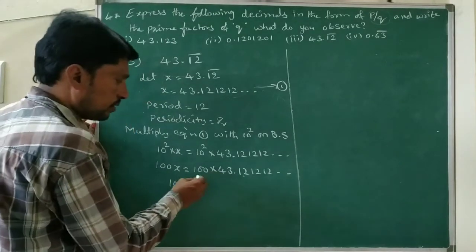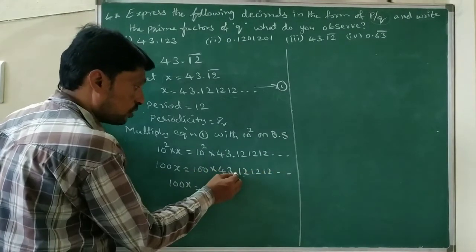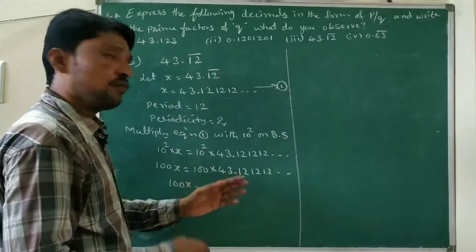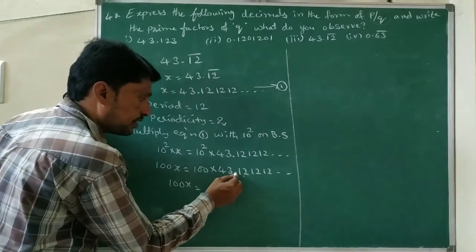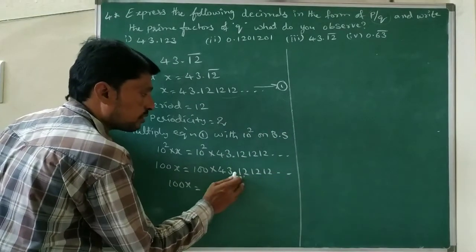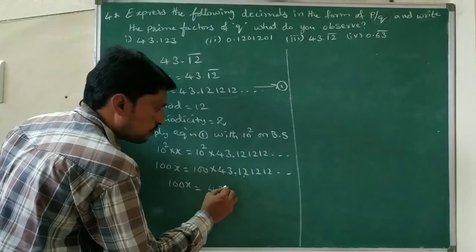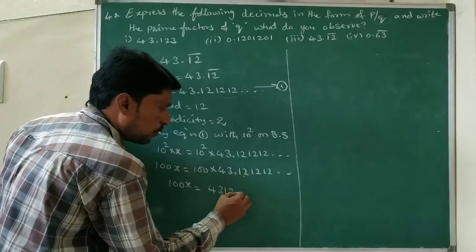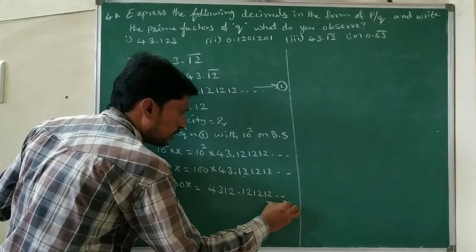Now here you can multiply 100 into 43.12. Here we are multiplying by 100, which means we take the point 2 digits after, we need to keep the point two places to the right. So we get 4312.12 and so on. This is equation number 2.